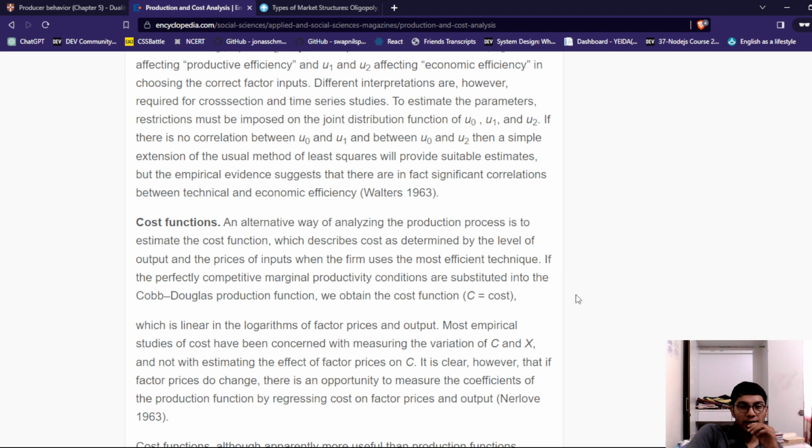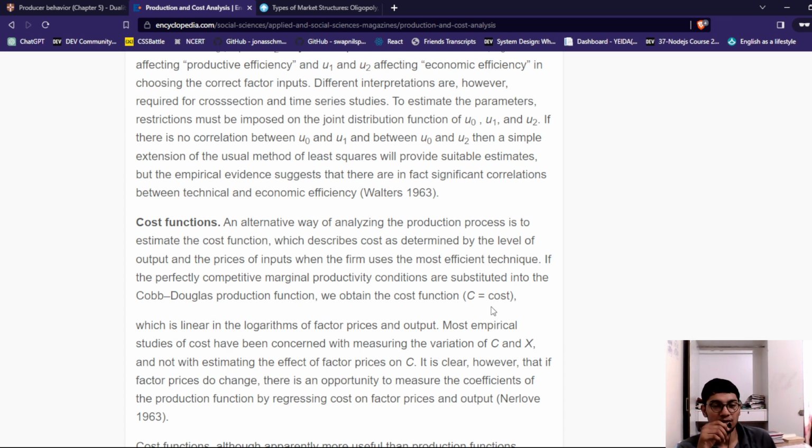An alternative way of analyzing the production process is to estimate the cost function, which describes cost as determined by the level of output and the prices of inputs. When the firm uses the most efficient technique, if the perfectly competitive marginal productivity conditions are substituted in the Cobb-Douglas production function, we obtain the cost function, which is linearly logarithmic in the factor prices and output.